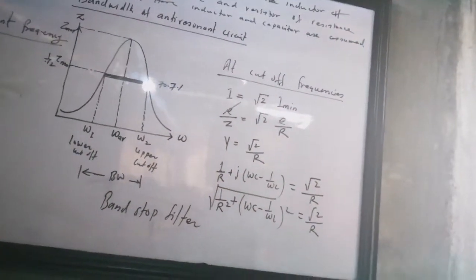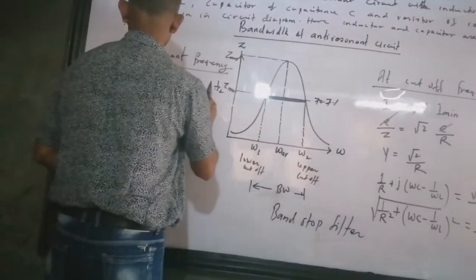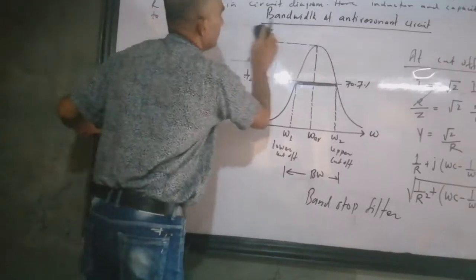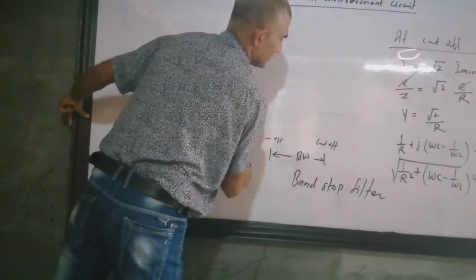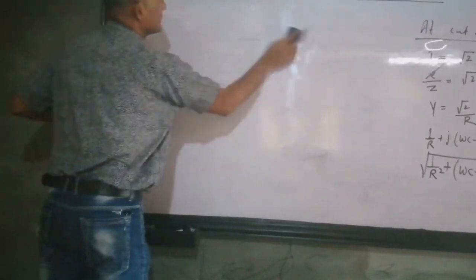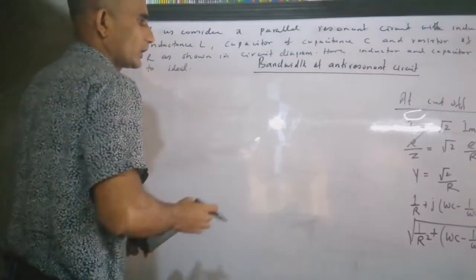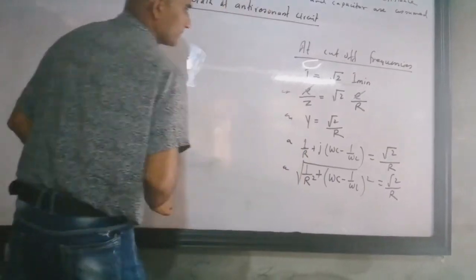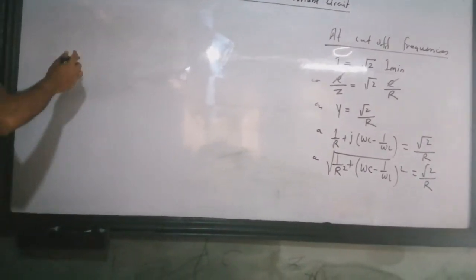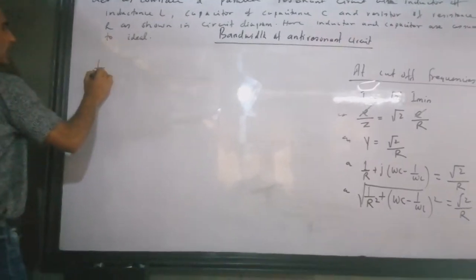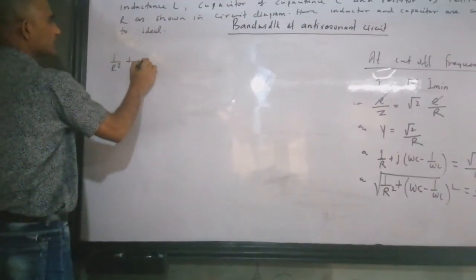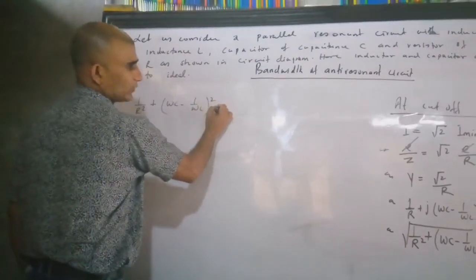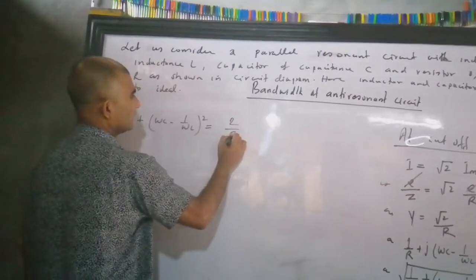Now further simplifying to find at what frequency this happens, squaring this, we get 1 by R square plus omega C minus 1 by omega L, the whole square, equals 2 upon R square.